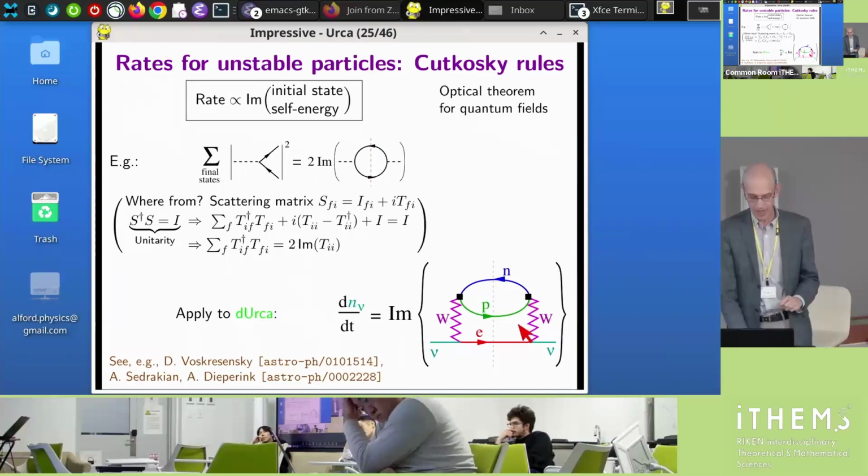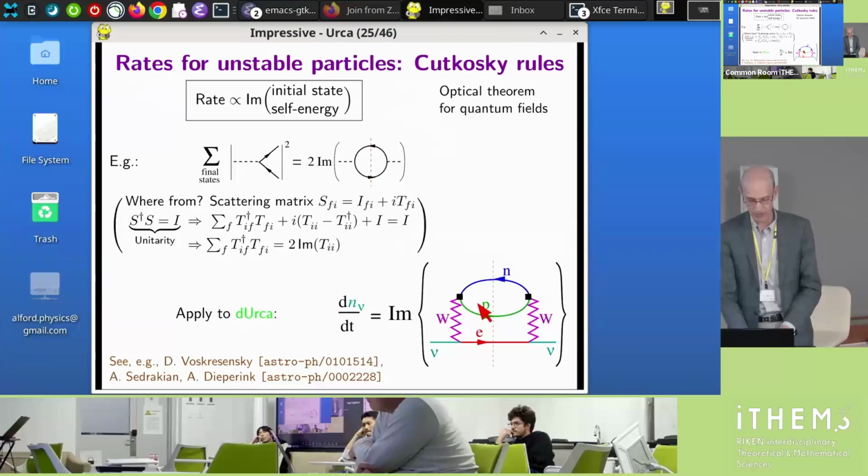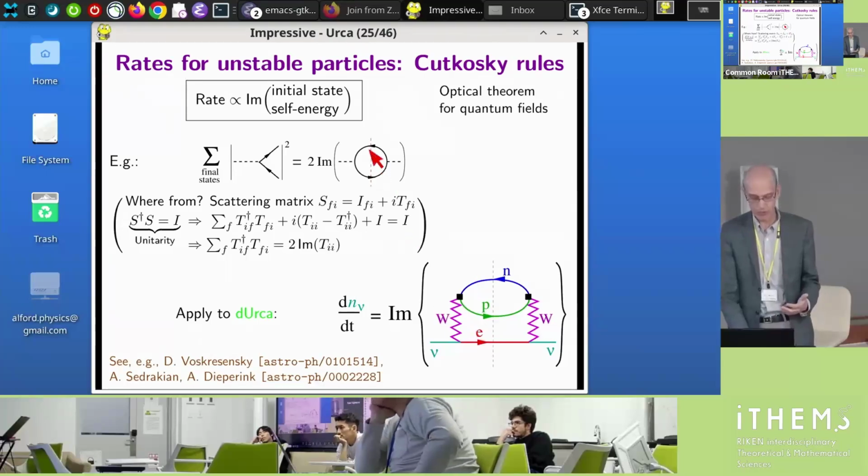And we say that the rate at which neutrinos are being absorbed is the imaginary part of this neutrino self-energy diagram. And that's equivalent to evaluating half of this diagram and integrating over all these final state momenta. Basically, what you've done is you're saying that the loop integral here, over all possible momenta in the loop, maps onto the integral over final states here.